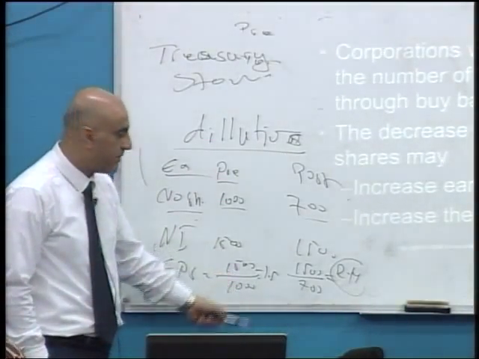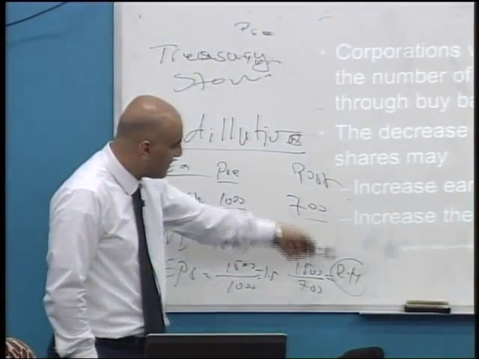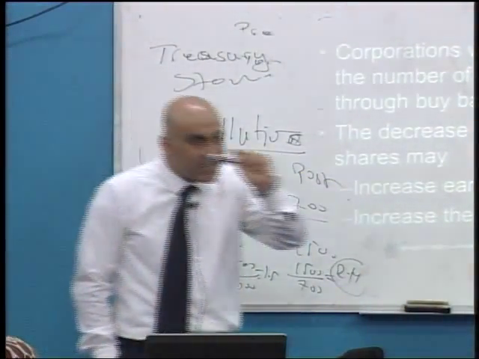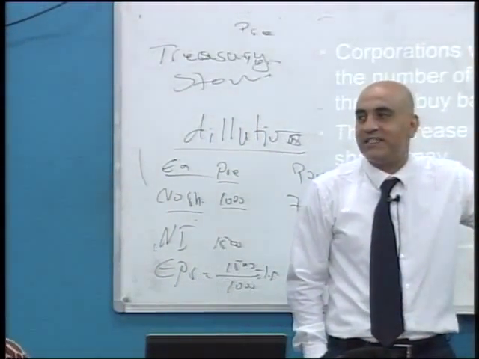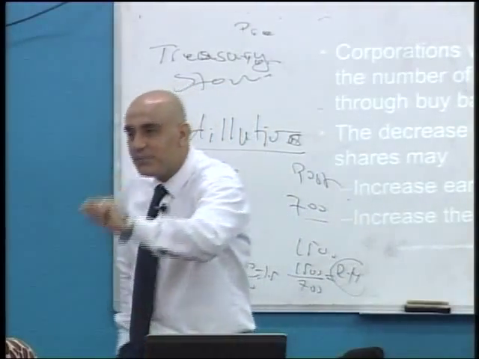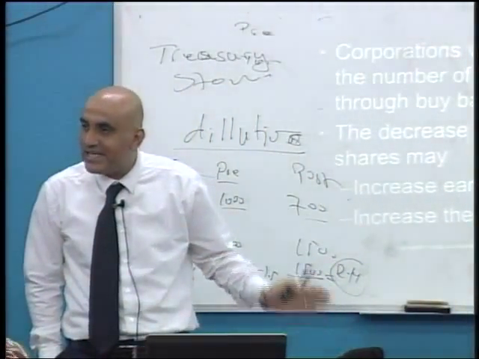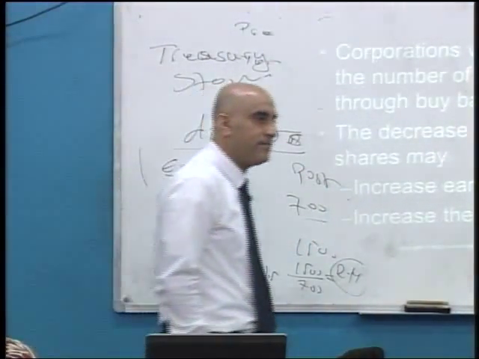It's 1.5 and here 2.14. What we observe is that the EPS increases. Why does it increase? Be careful, not because of an increase in the net income, but because of the decrease in the number of shares outstanding as a result of repurchasing stocks.